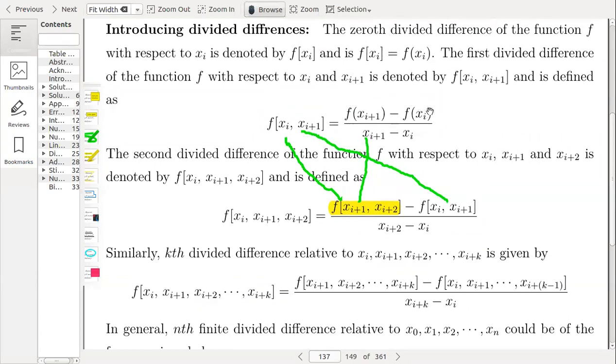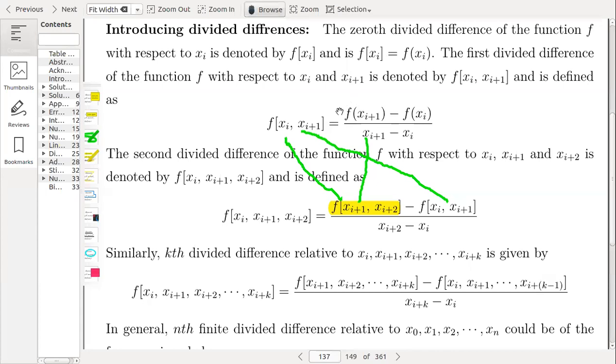So this is actually the difference in the range and the difference in the points of the domain. For example, if the difference in the domain is xi+1 minus xi, then the difference in the range will be y(i+1) minus y(i).